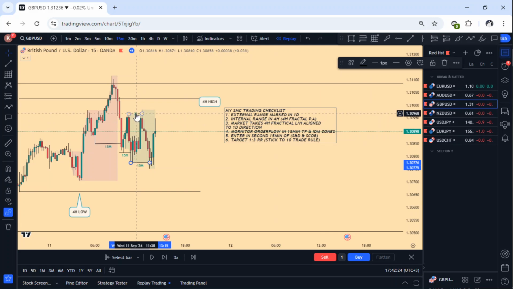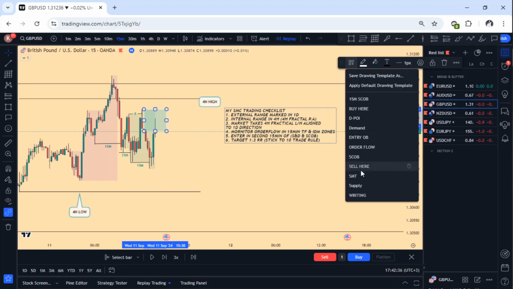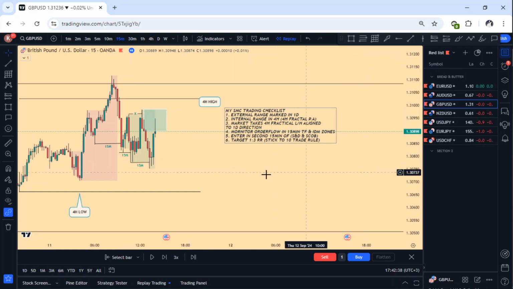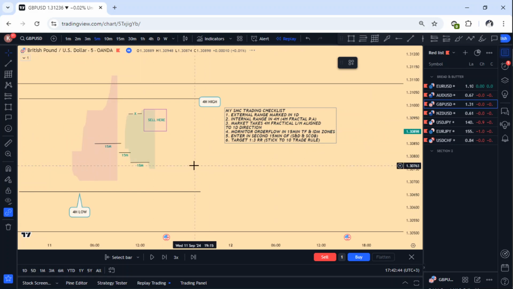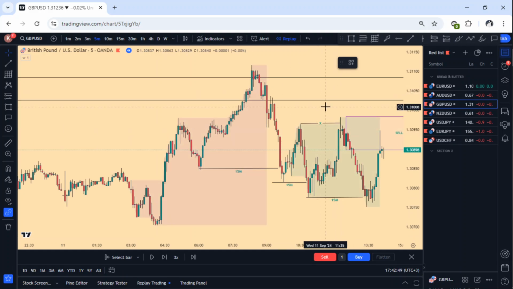That is why I mark this as possible IDM. I would wish to see this one being taken before the market shifts here. So immediately it was taken, I was able to spot that we have a supply zone over here. So we need to sell from this point. The alternative option is to go to 5 minutes, because that is the only remaining thing now. Go to 5 minutes.